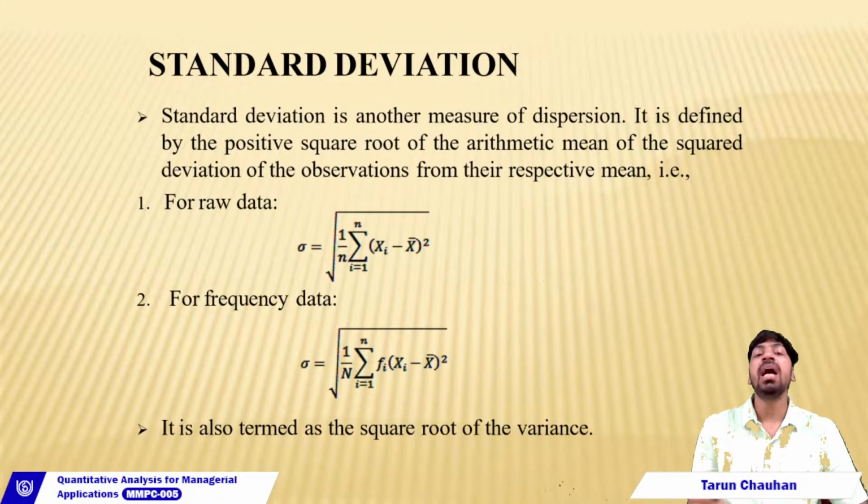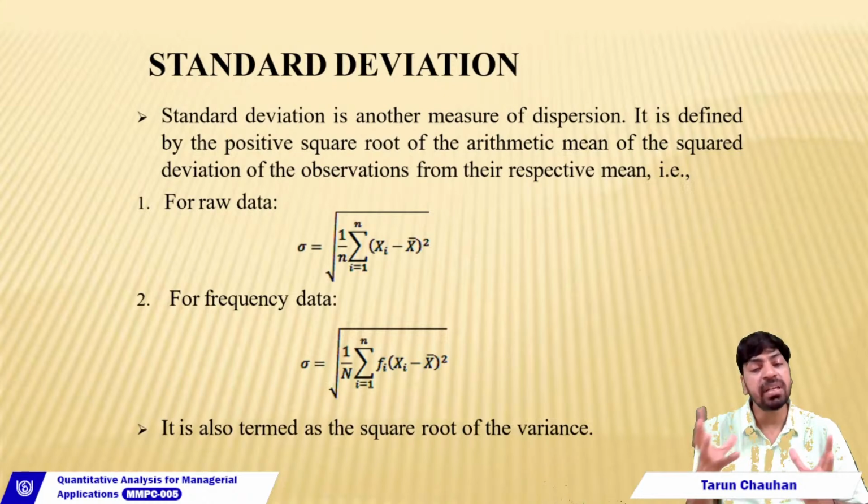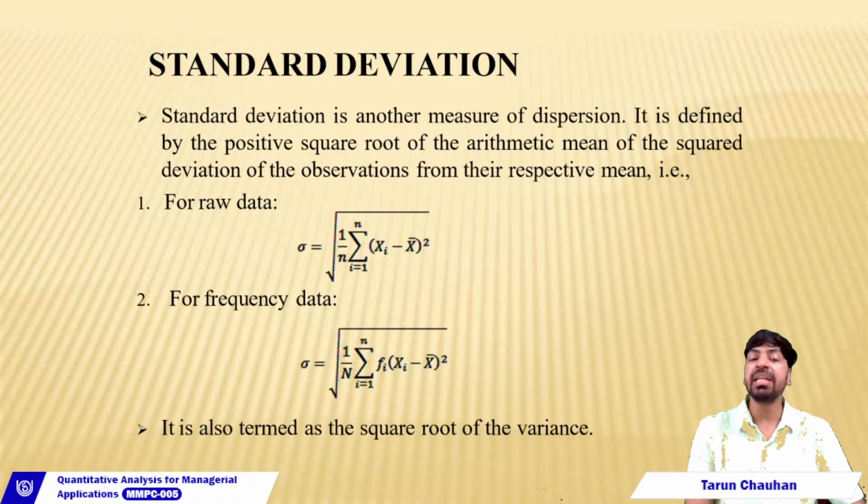Whatever calculation is under the root is called variance. So in the discrete and continuous series, root of sigma f x minus x bar whole square by n is the standard deviation.